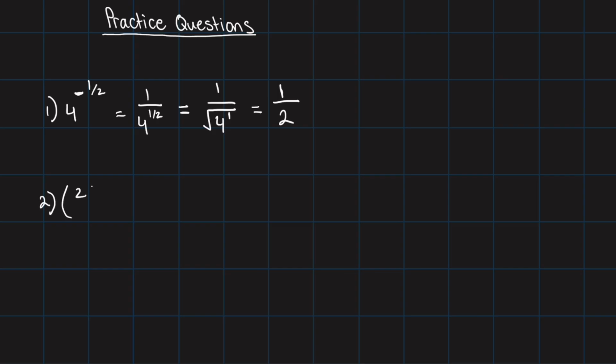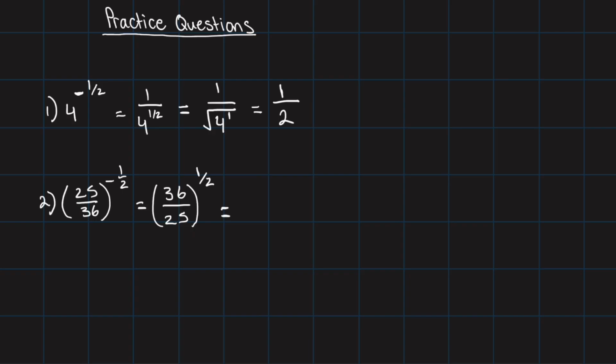Let's say we have 25 over 36 to the negative 1/2. Let's start by writing this in positive exponent form. So we just flip what's in the brackets. So now we have 36 over 25, and that whole thing to the power of 1/2, which is now positive because we flipped it.